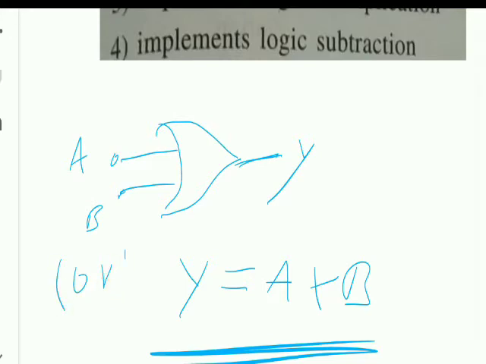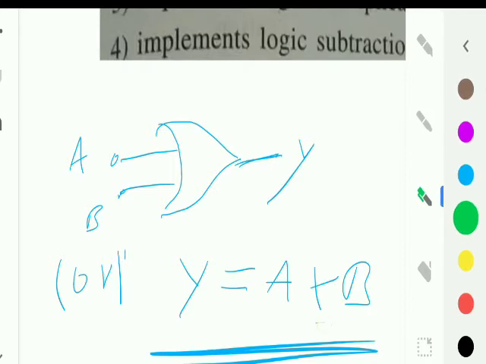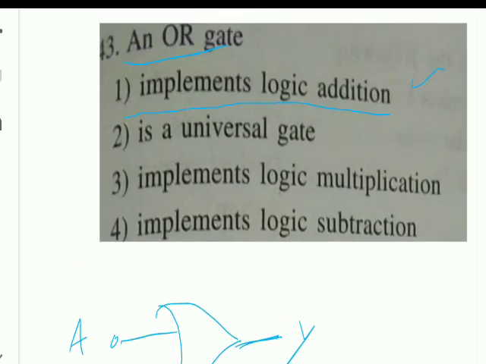So this is addition, logic addition. Right answer.